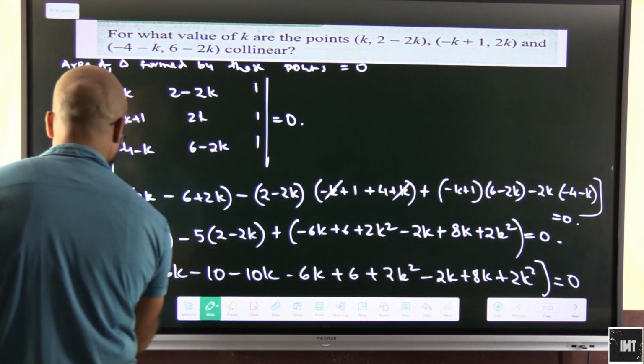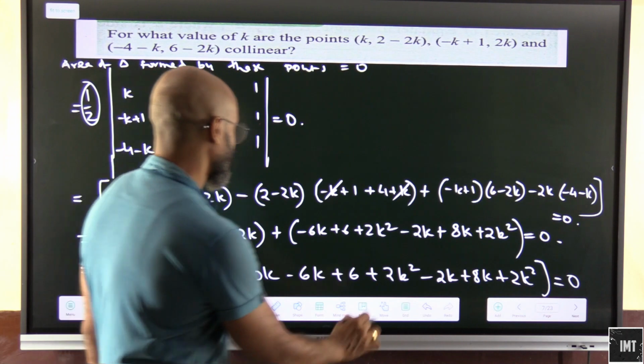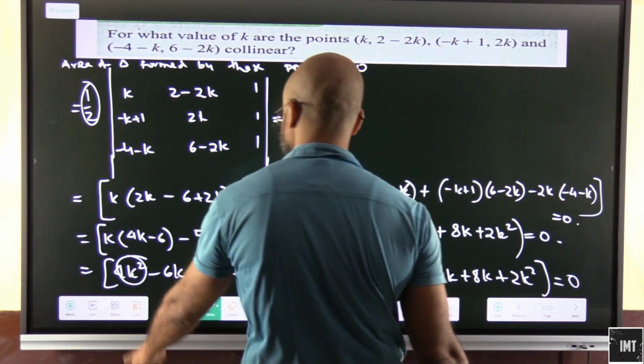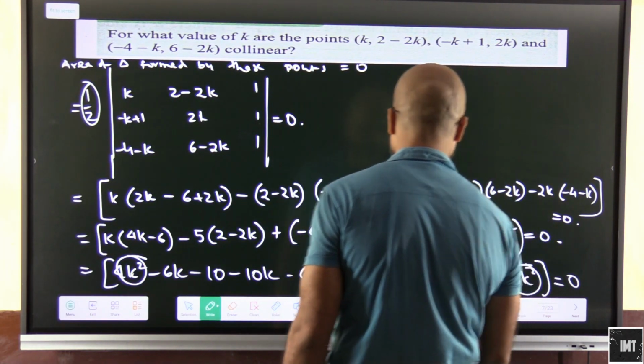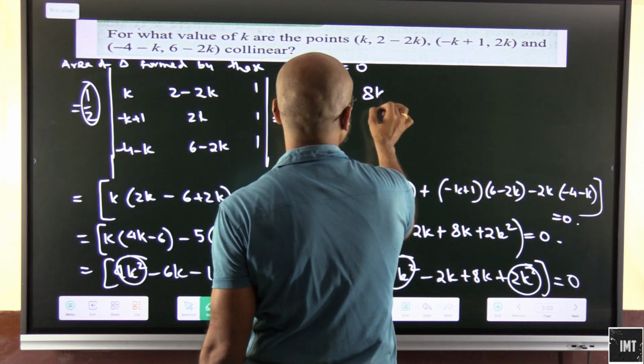So let's look at the k square part. 4k square plus 2k square, that is 6k square, 6k square plus 2k square, that is 8k square.